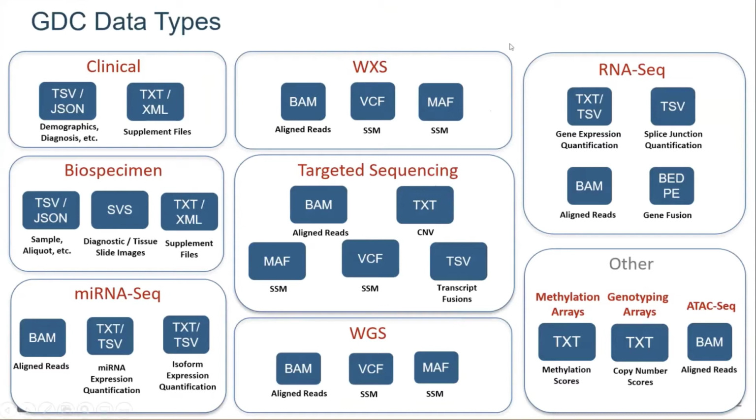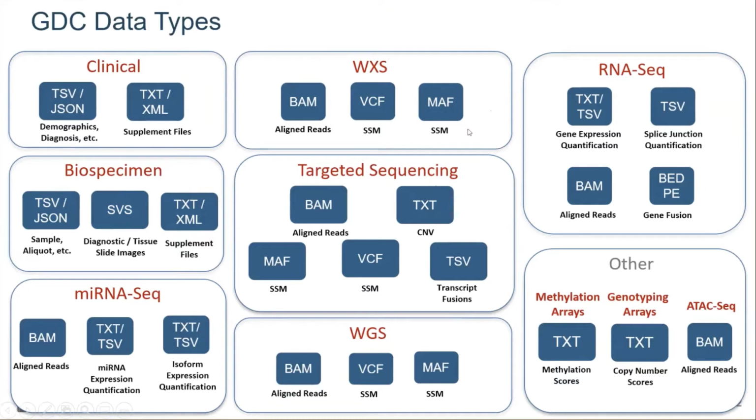Biospecimen data such as sample and aliquot information is provided as TSV or JSON, while diagnostic slide images are provided as SVS files and supplement files as TXT or XML. For genomic data such as the whole exome sequencing, aligned reads are provided as BAM files, while simple somatic mutations are provided as VCFs or MAFs.